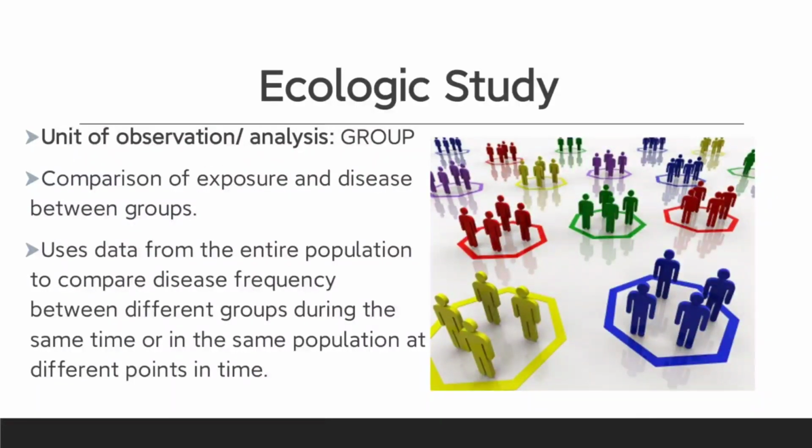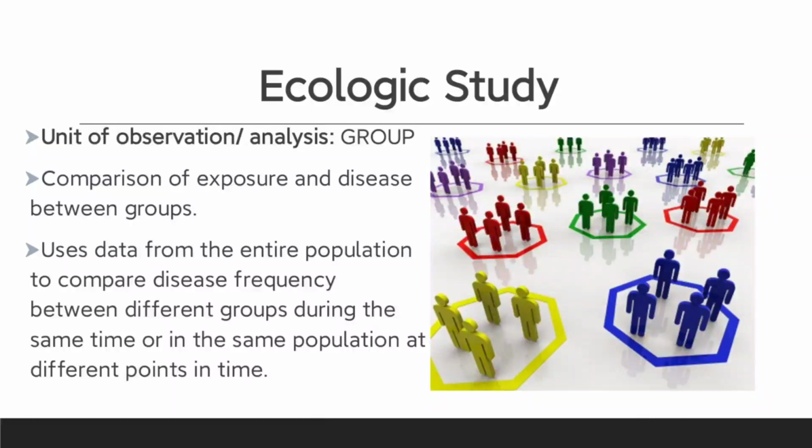Okay? So, ecologic study or yung tinatawag din natin na correlational study. So, as I have mentioned in the beginning, sabi ko, ecologic study, the unit of analysis is groups of people rather than individuals. Diba? So, ecologic study considers pattern of disease among population. Okay? So, it compares exposure and disease between groups.